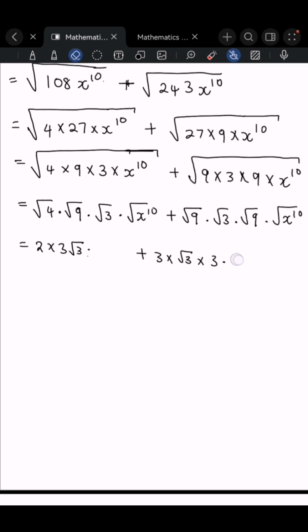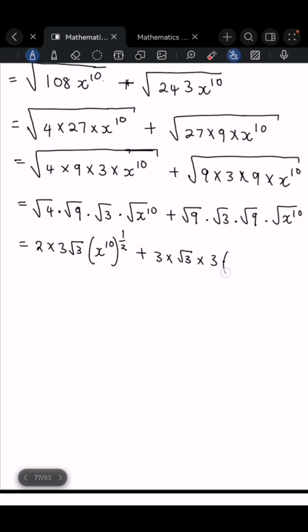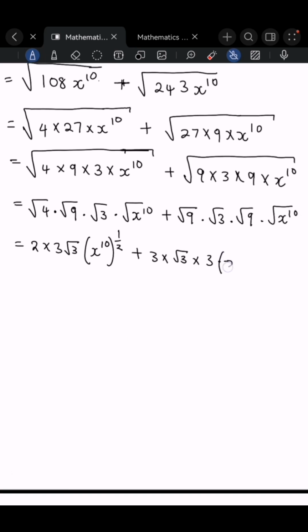Let's represent it as it is, which is going to be x raised to the power of 10, raised to the power of 1 over 2, which means this is going to be equal to 2 times 3 is 6 square root of 3 multiplied by x to the power of 5, plus 3 times 3 is 9 square root of 3 times x raised to the power of 5.